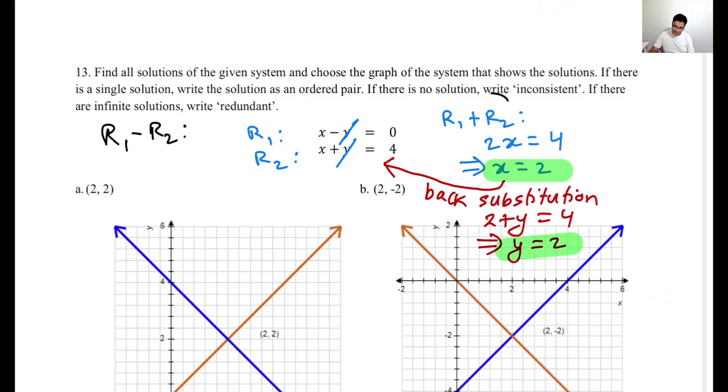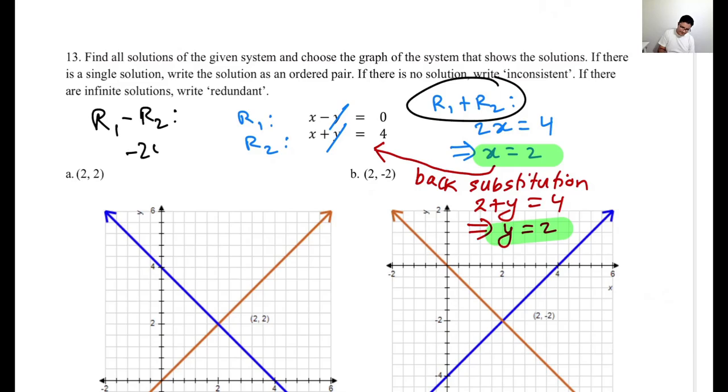Here we did R1 plus R2, added; you could also subtract. If you did that, x and x will cancel, you will get negative 2y equals negative 4. Then you divide on both sides by negative 2 and you get y equals 2. You will always arrive at the same answer, no matter what particular steps you follow.